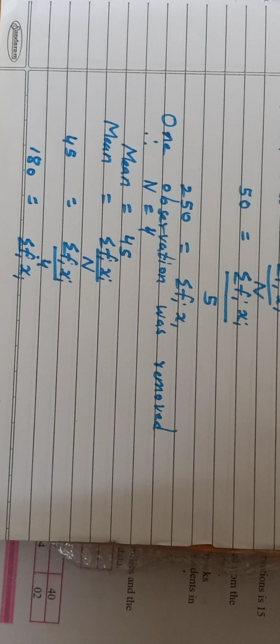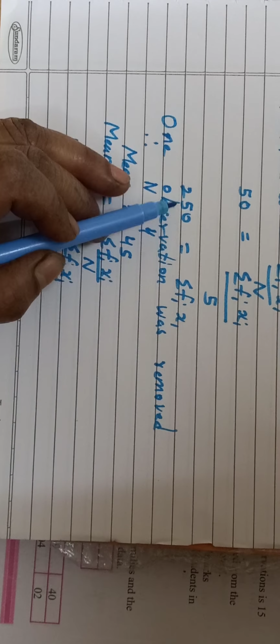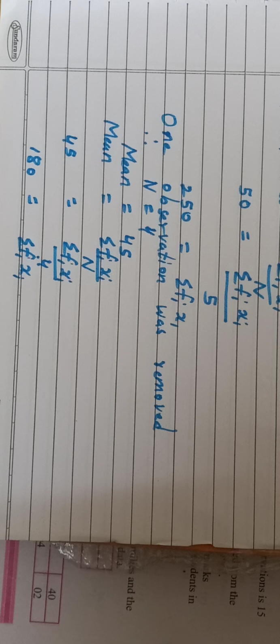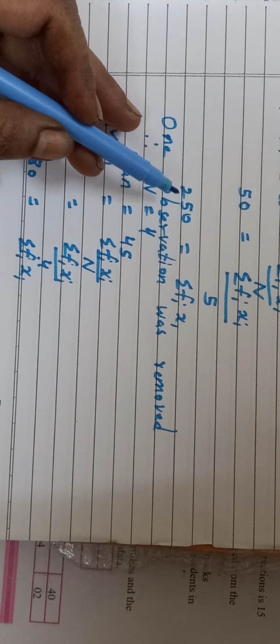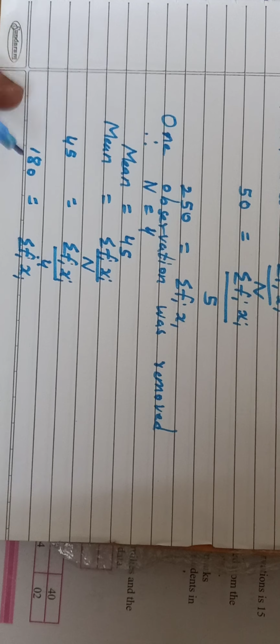This is common sense: here the sum is 250 because there were 5 observations, and here the sum is 180 because there are 4 observations. So here it is more, here it is less. The difference is of one observation. So what is that observation? From 250 we will subtract 180, then we will get that observation.